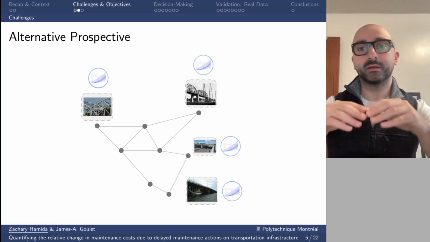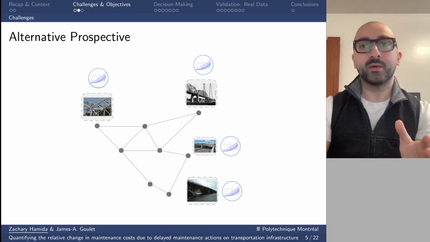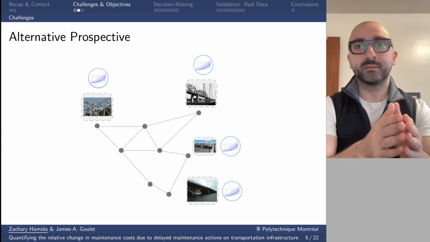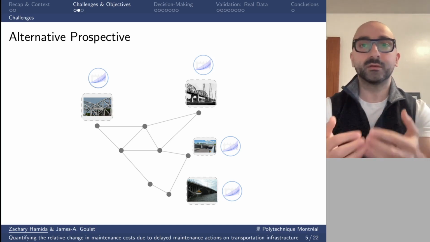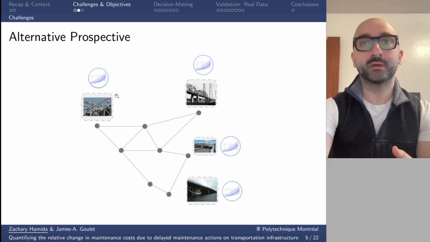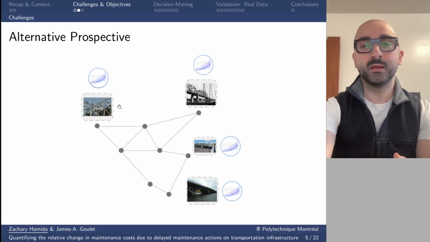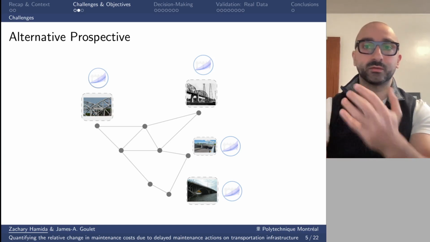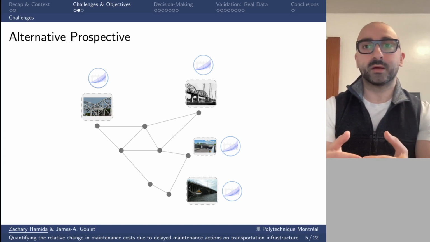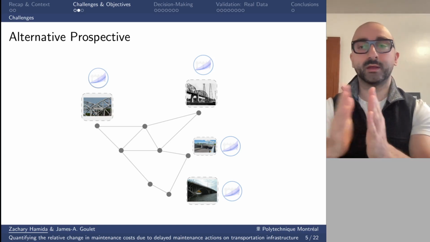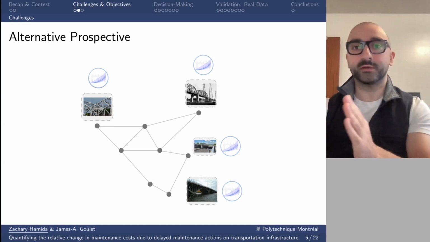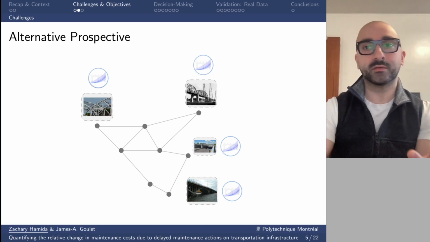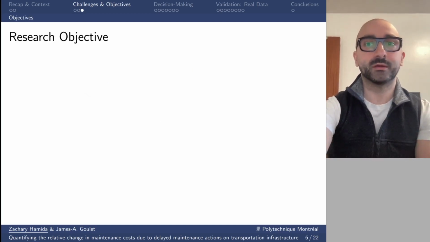Instead of looking at optimality on network scale, why don't we look at the costs that would be incurred if we don't follow the optimal policy locally for each bridge? This would provide the decision maker with a tool that would tell them, over time, if we defer or delay our interventions, what the incurred costs are. And this research work is tackling this particular challenge.